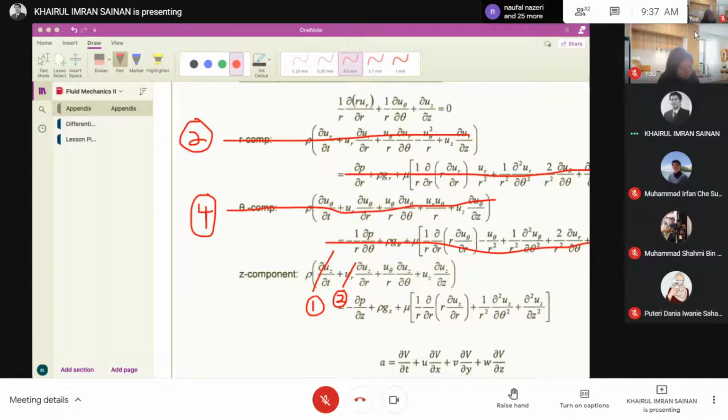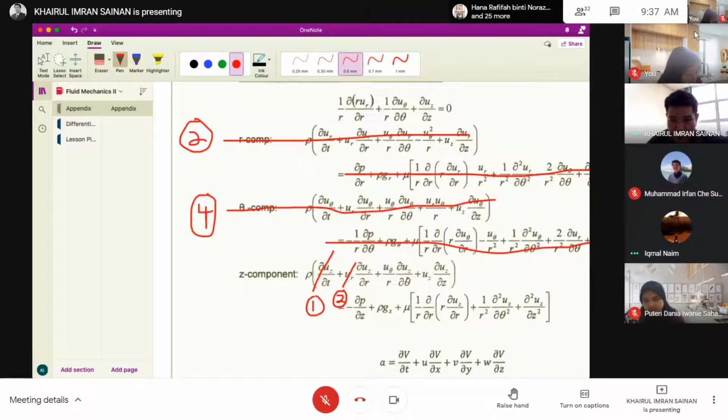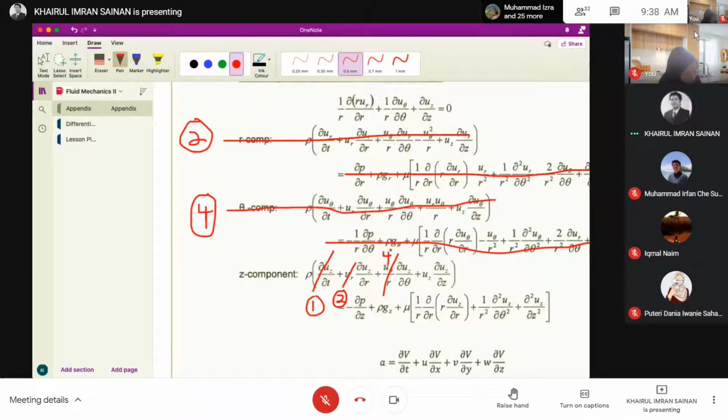Ikmal, how about this next term? Cancel, sir. Because of? V theta is 0. Number 4, no flow in the theta direction. Yes. V theta is 0, right? Number 4. Del Vz over del theta?